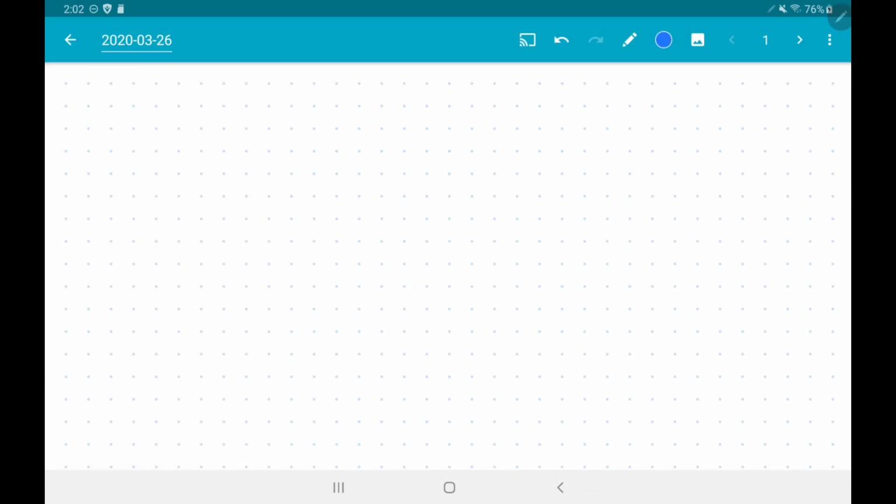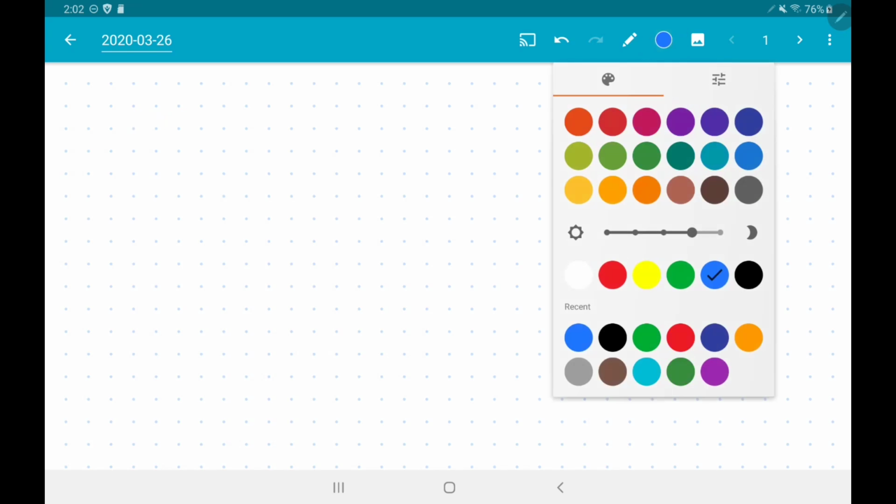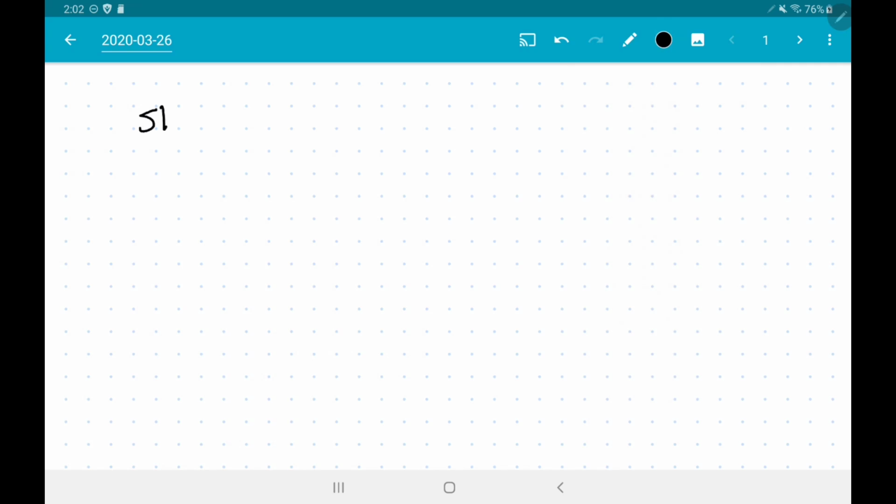Okay, let's give this problem a try. Let me do this in black. Okay, shoe store problem. The original price of the shoes is $60.